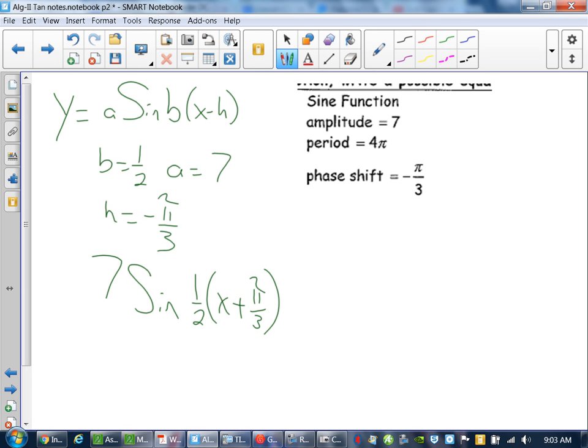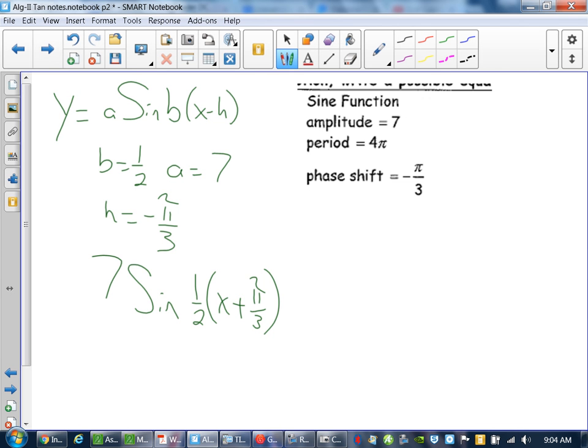Do you have an answer for this? I want to know if I did this one right. Oh, that's right, because I told you it was a tangent one. I don't have that in the answer key because remember I switched it to a tangent at the end.